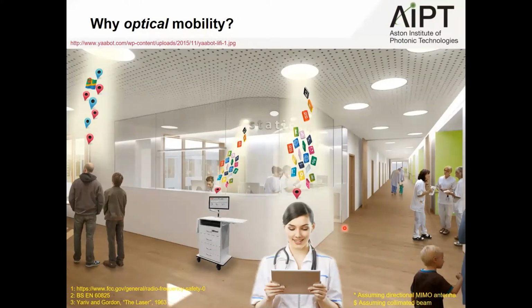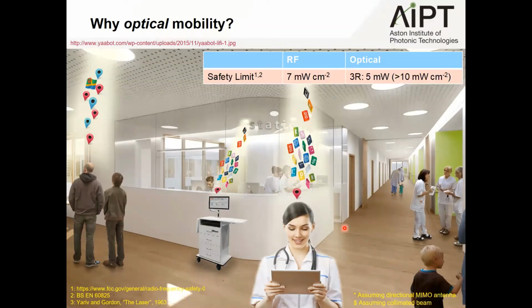So we want this good capacity. We don't want to constrain this with safety limits and constrained capacity. So we could do with increasing that. But if safety is the issue, you can run away if you like. Well, I've done it for you, and look at what the safety limits are. So radio frequency, that FCC limit that's adopted in Europe is about 7 milliwatts per centimeter squared radiated power at the user.